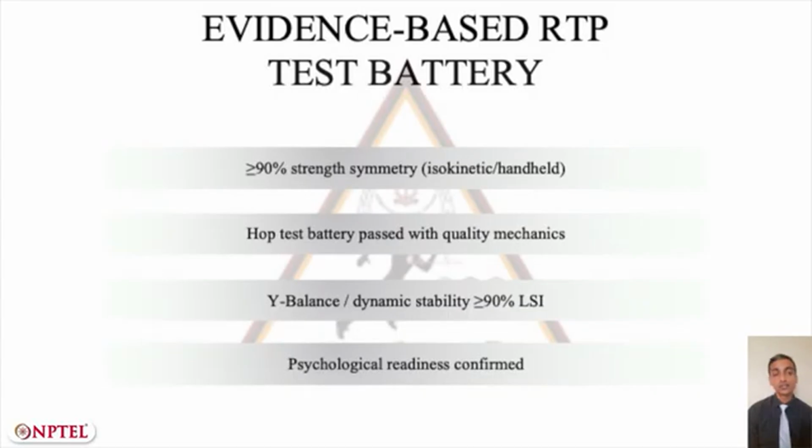This is for strength testing. Second, the hop battery of tests with safe landing mechanics. Third is the Y balance or similar dynamic stability test with more than 90% limb symmetry. And fourth, confirm psychological readiness by using questionnaire-based systems.